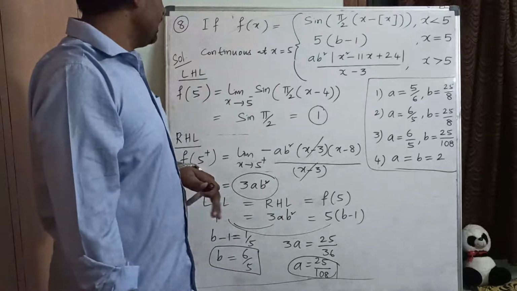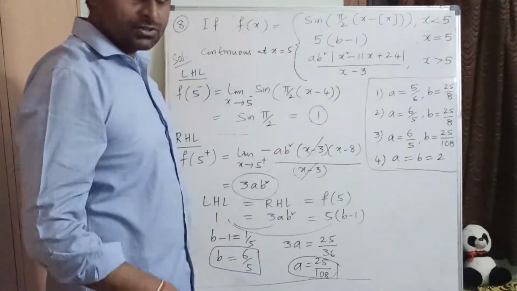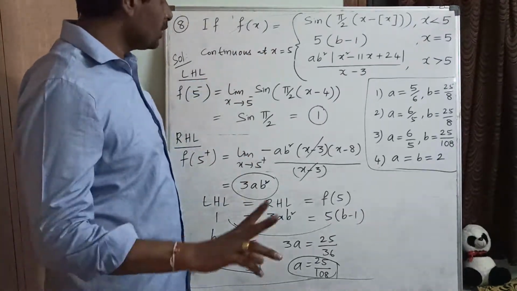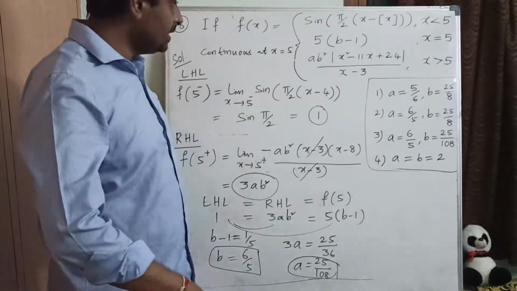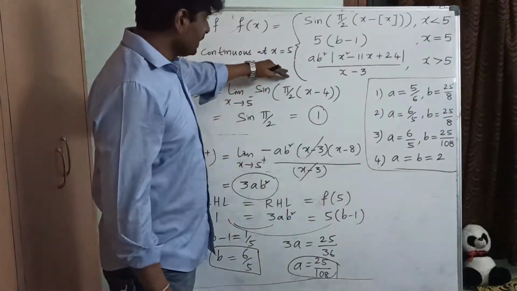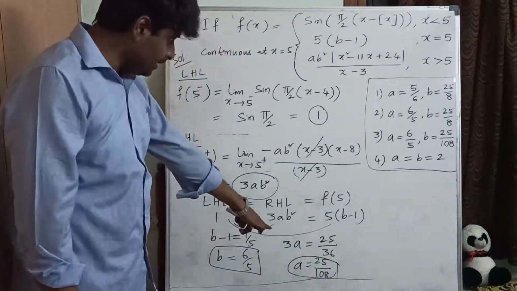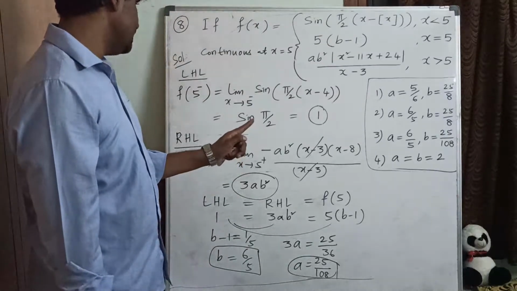Whenever LHL and RHL are both equal and the functional value is not equal, that may be a removable discontinuity, correct? If all are equal, that is perfectly continuous for that value. Clear? So b value 6 by 5, a value 25 by 108. Which of the following options are correct here?